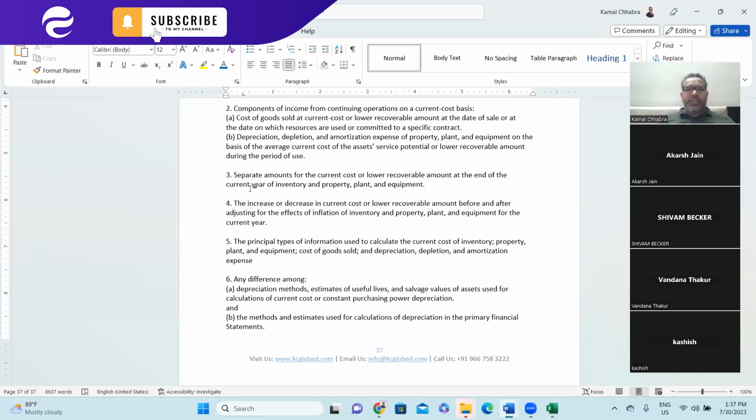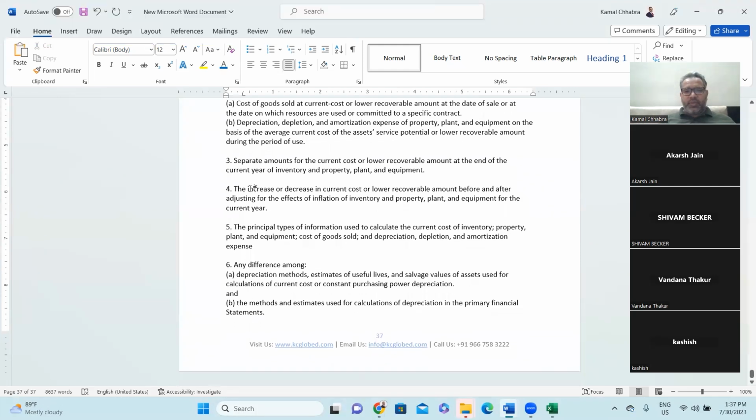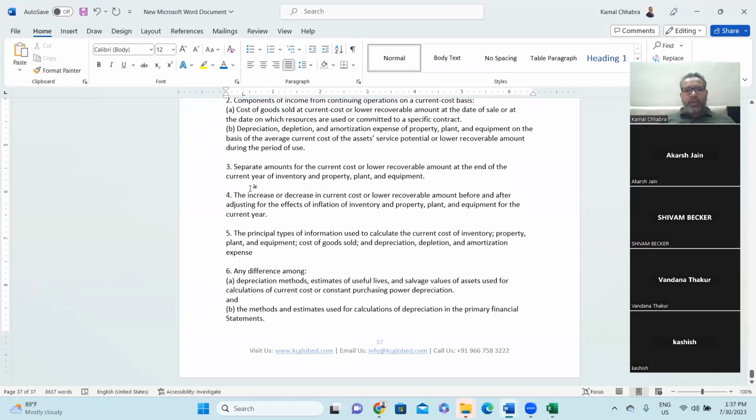Next is depreciation, depletion, amortization expense on property, plant and equipment on the basis of the average current cost of the asset's service potential or the lower recoverable amount during the period of use. What it's saying is, for property, plant and equipment, the amount you have arrived at or the future recovery, the same way we do impairment assessment.